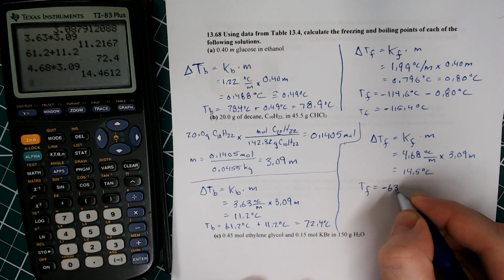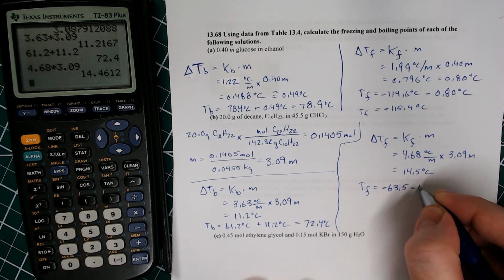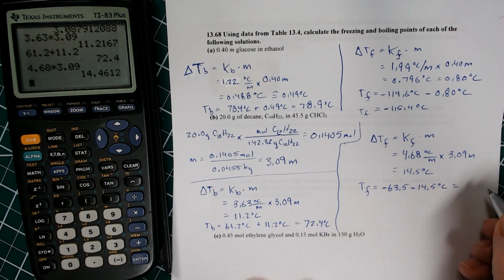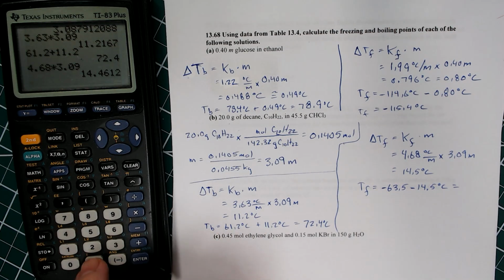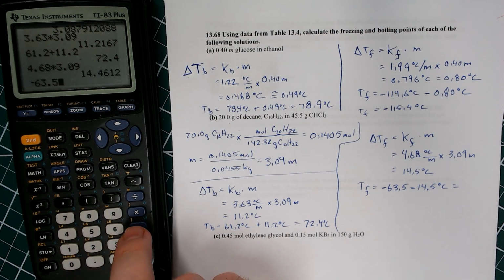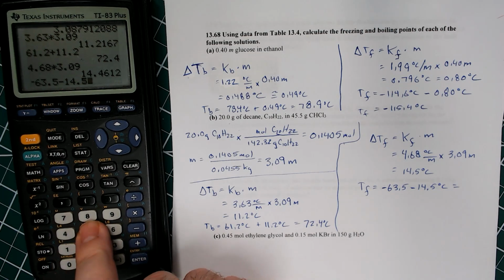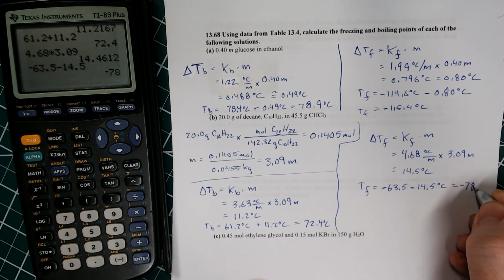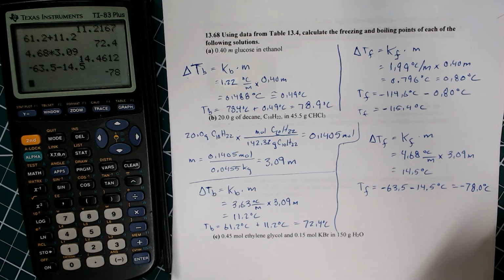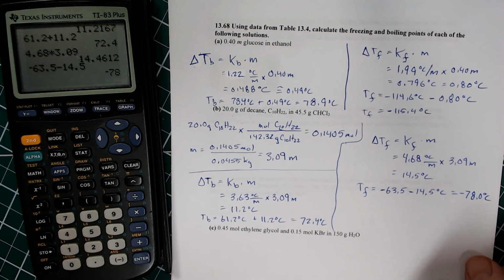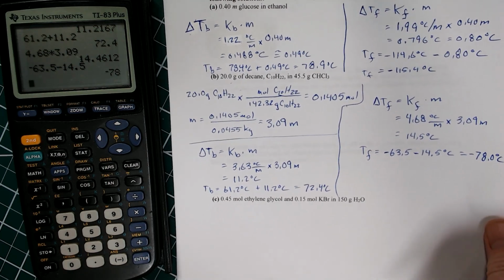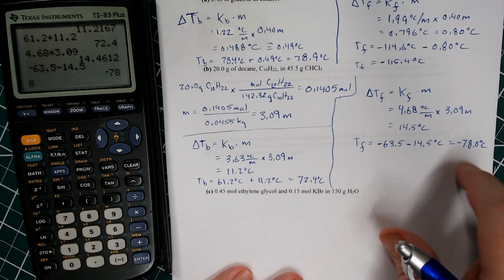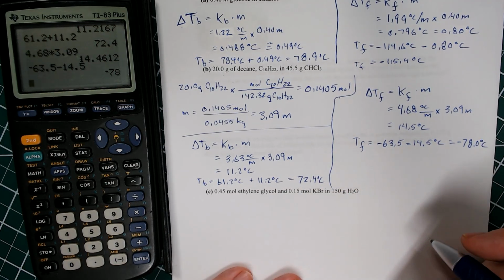So negative 63.5 minus 14.5 degrees Celsius gives us negative 78.0 degrees Celsius. And that is our new freezing point. So you can see that we can have a pretty significant impact if we put enough of the solute in there.